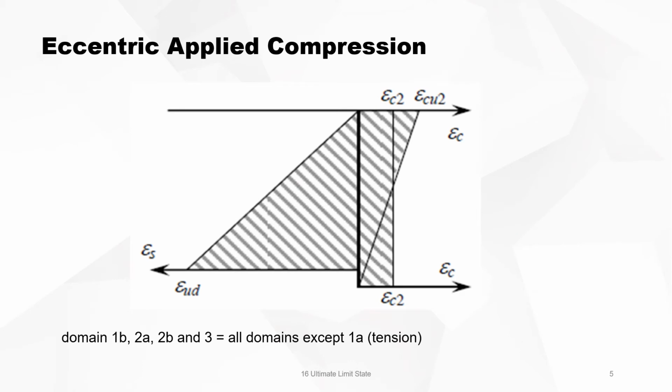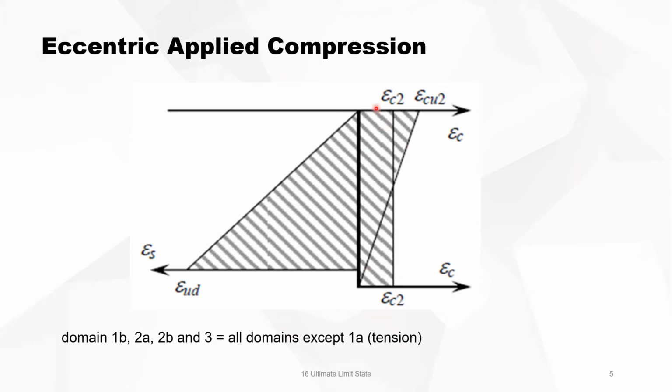The eccentric applied compression occurs in the domains 1B, 2A, 2B, and 3. In other words, in all the domains except domain 1A, where there is tension involved. If we look at all those domains which are applicable, then you see, on the left-hand side, bending is dominant.